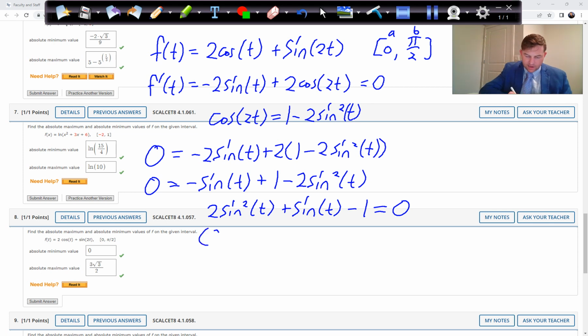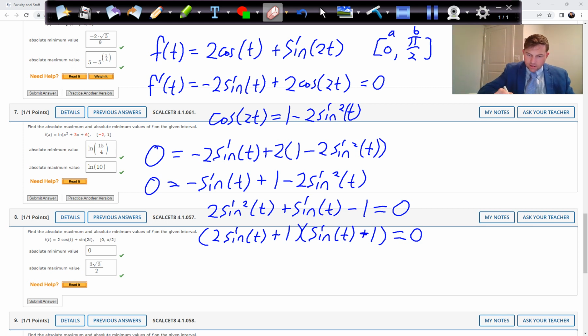Well, this will factor into 2 sine t plus 1 sine t minus 1. And let me make sure I have my signs correct on that. Not quite, so this should have been the plus, and this one should be minus.